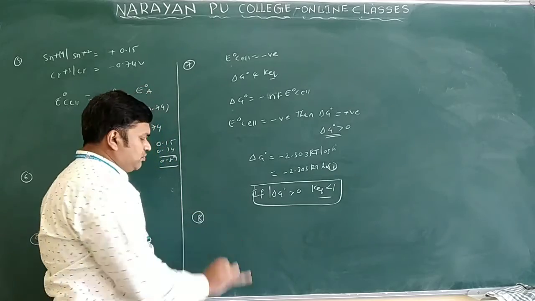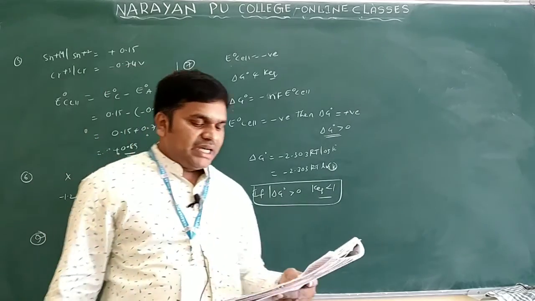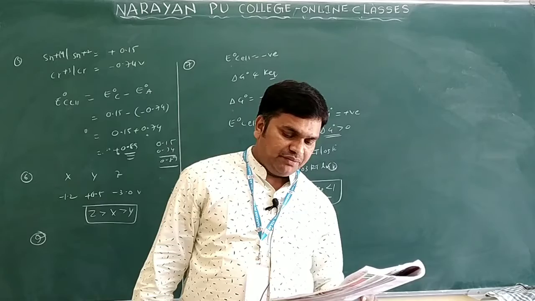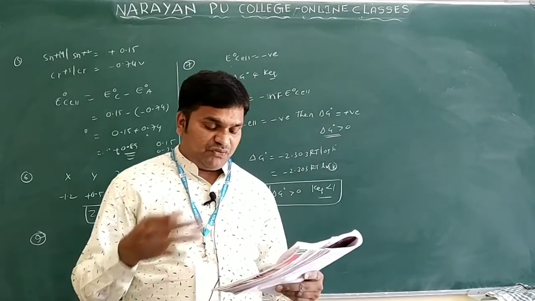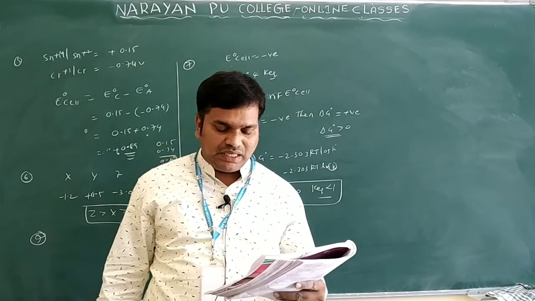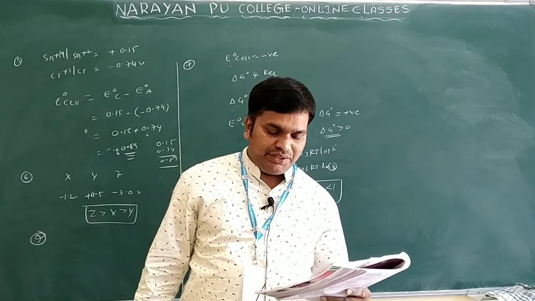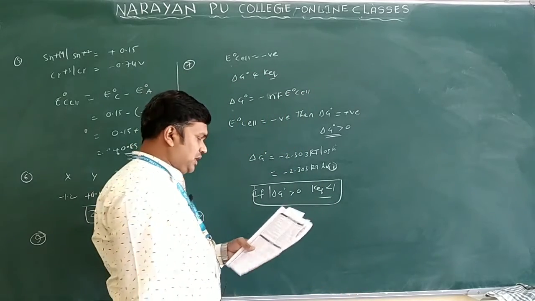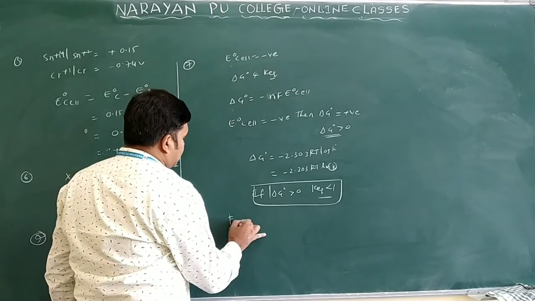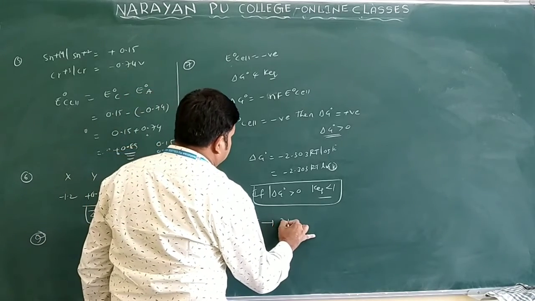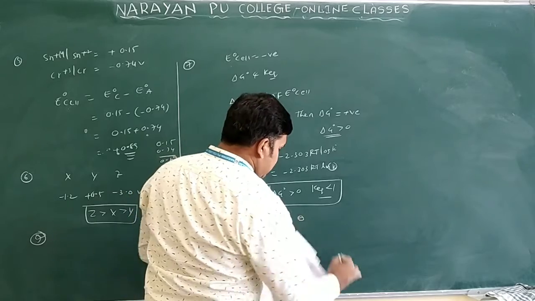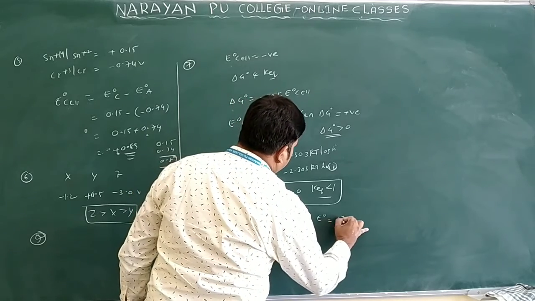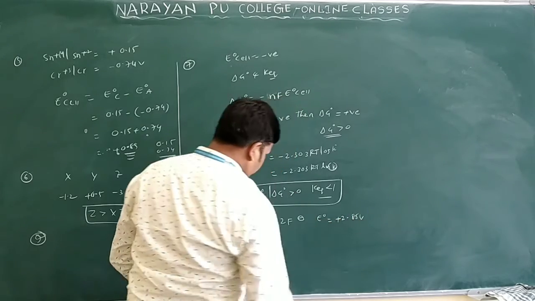Now, question number 8. The standard reduction potentials of the half cells are given. From the given information, they are asking for the strongest oxidizing and reducing agent. First is F2 plus 2 electrons gives 2F minus, E naught is plus 2.85.